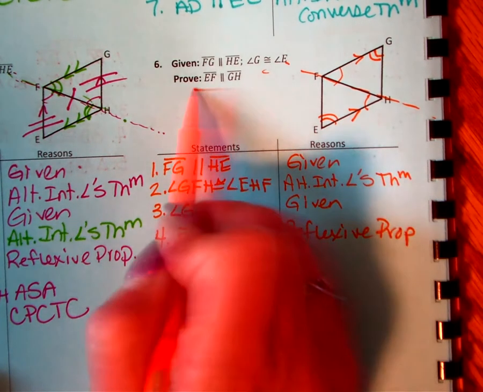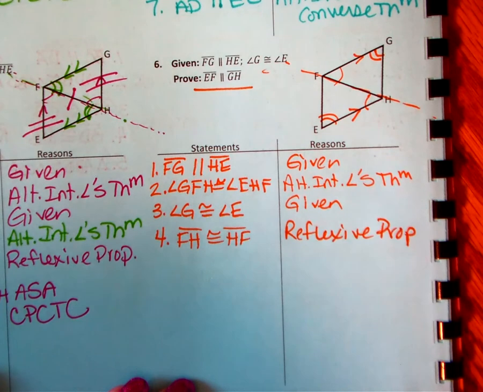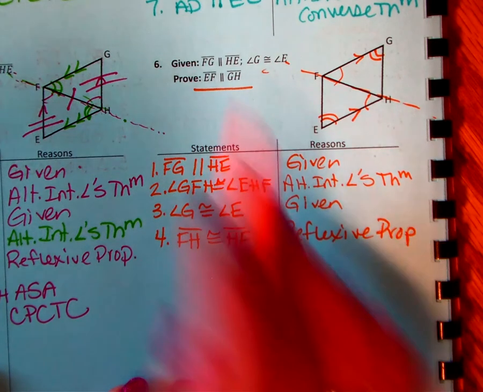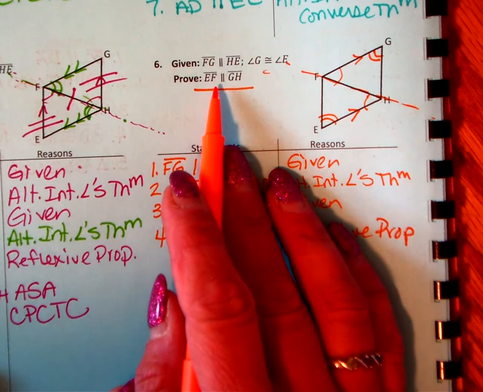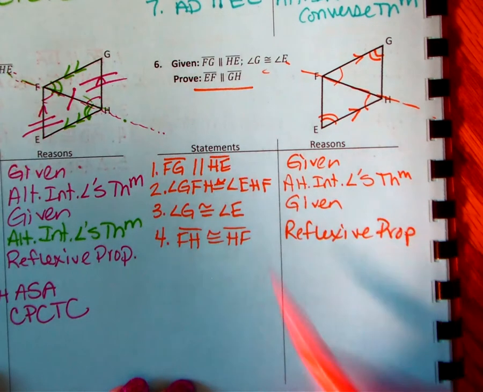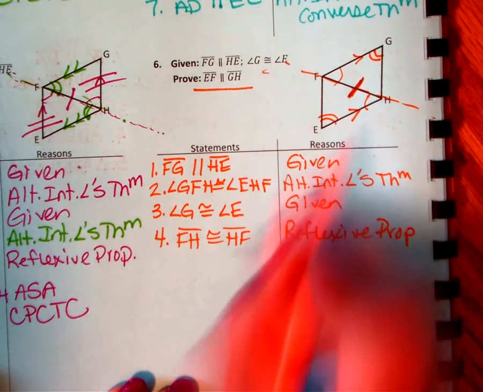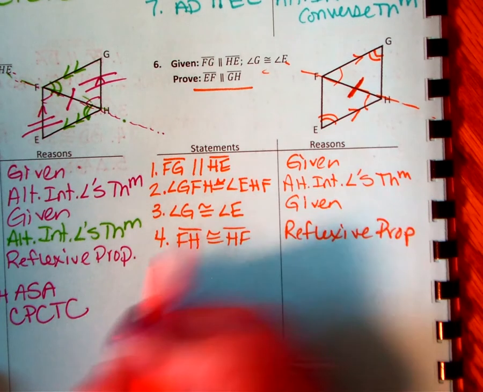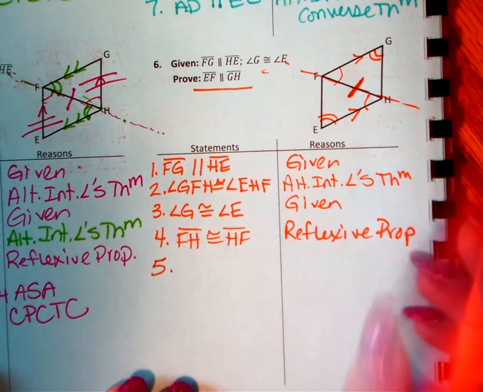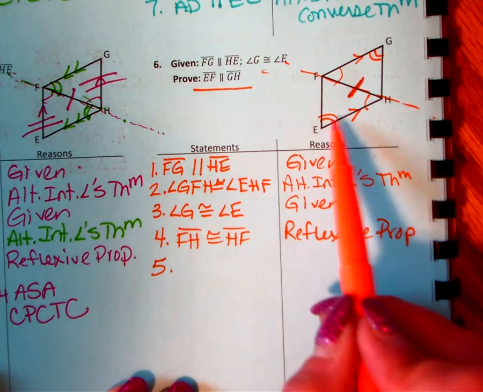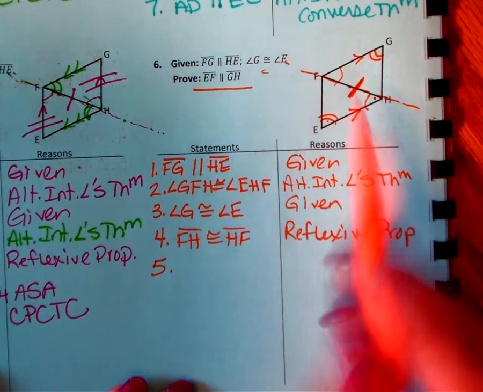Okay, keep in mind we're going to try to prove parallel. Proving parallel means I'm going to at some point use the converse. So I've got a parallel line, congruent. So step 5, I would say I have angle angle side.